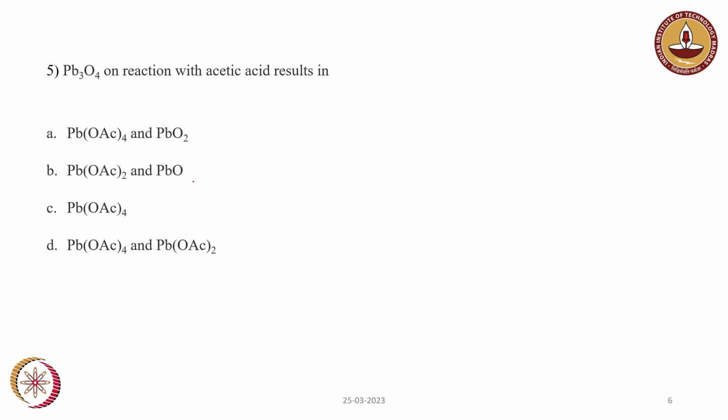And we can rewrite Pb3O4 as PbO and PbO2. So Pb3O4 is equivalent to 2 PbO and PbO2.